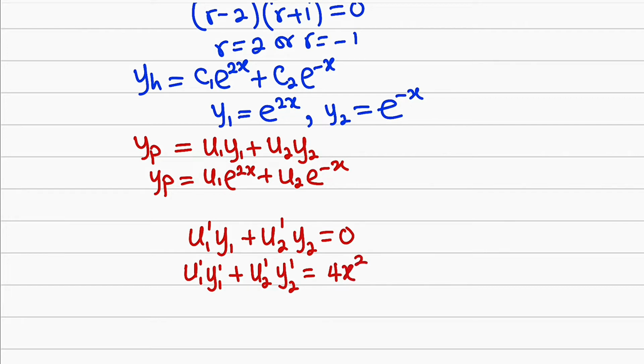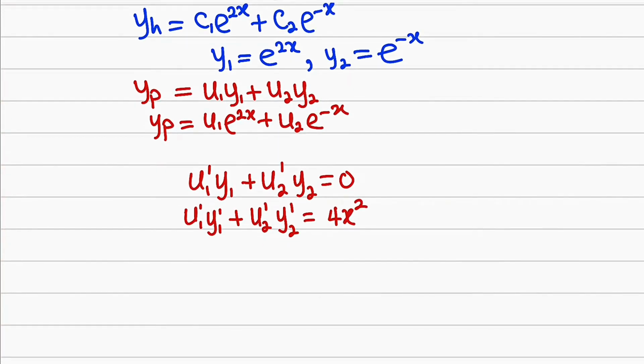So now let us substitute y1, y2, y1' and y2' into these equations. From the first equation, we have u1' multiplied by y1, and y1 is e^(2x), plus u2' times y2, which is e^(-x). This is equal to 0. Then coming down to the second equation, we have u1' multiplied by the derivative of y1.